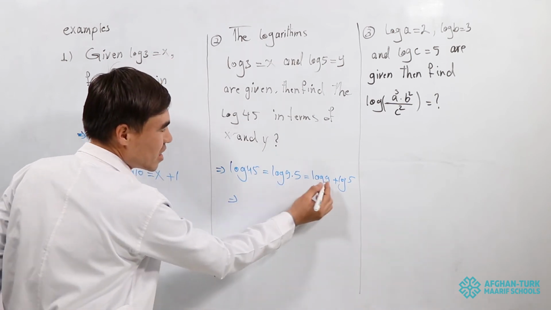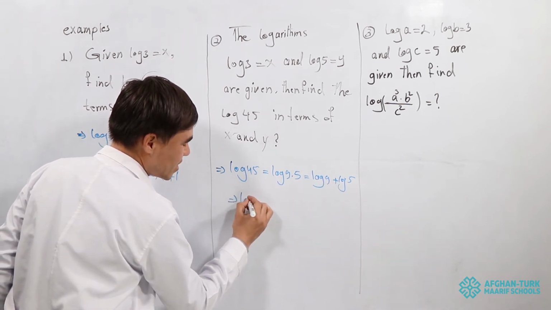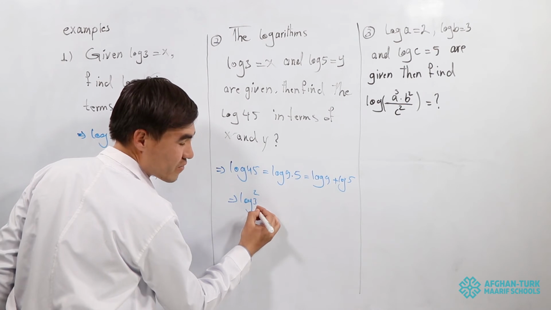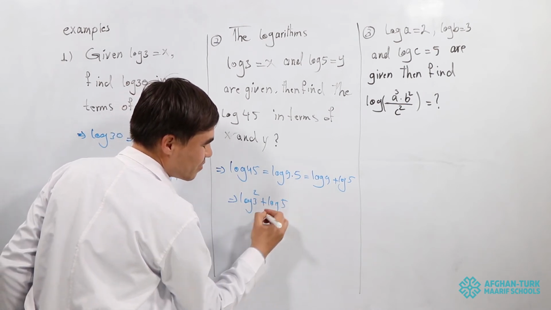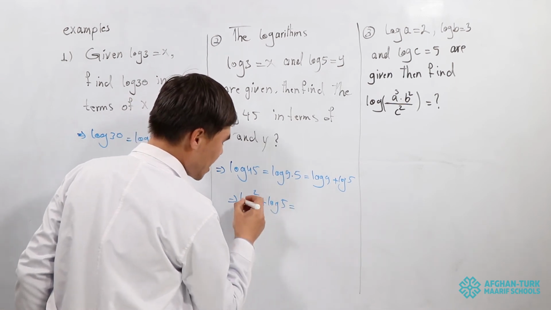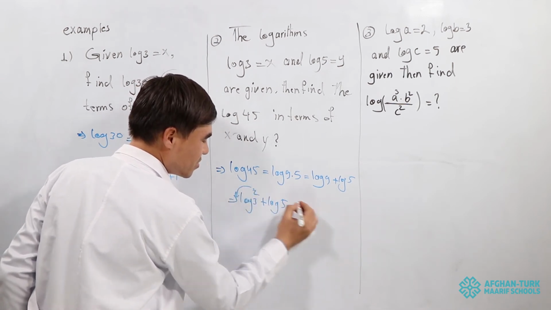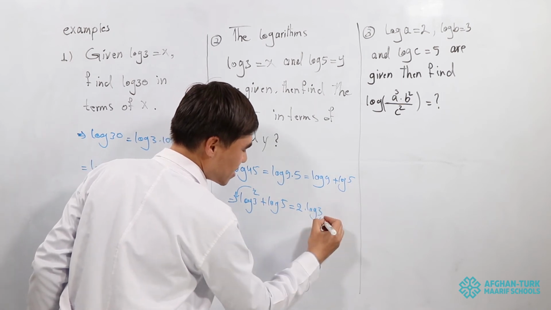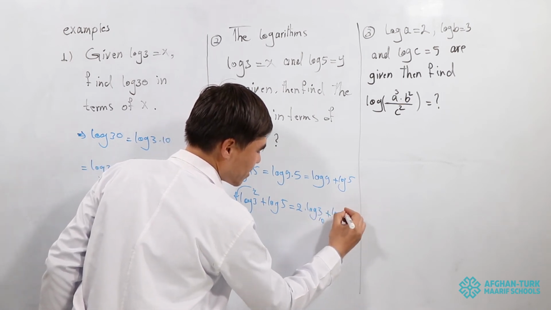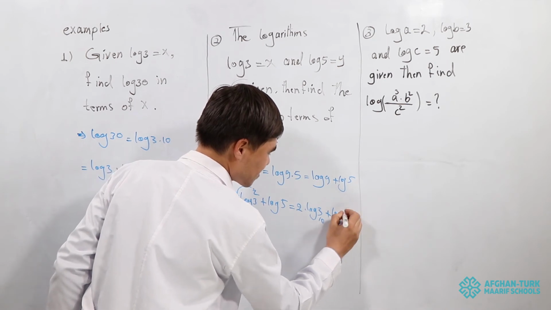Let's check this one. Log of 9 can be written log of 3 to the power of 2 plus log of 5 to base 10. And at that time we will bring 2 times log of 3 to the base 10 plus log of 5 to base 10.